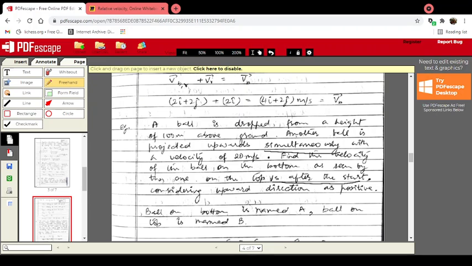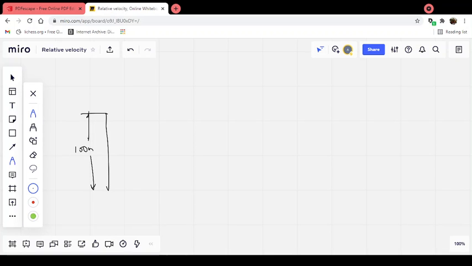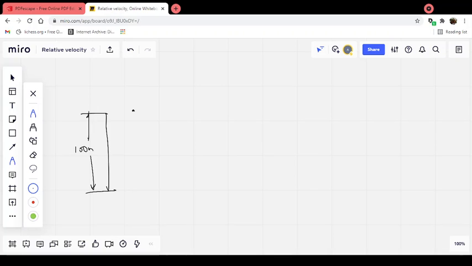So we have to find the velocity of ball on the bottom as seen by the one on the top, 1 second after the motion has started. The ball on the bottom is named A and the ball on the top is named B. Okay. So let us imagine some cliff. That cliff is some 100 meters high. This height is given to us, and a ball is dropped.